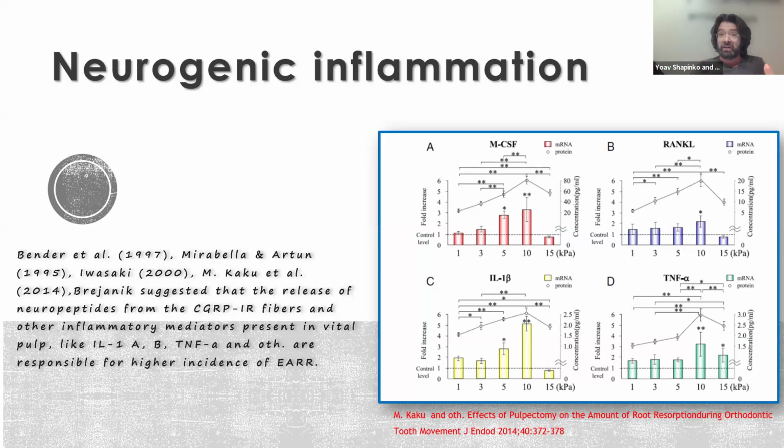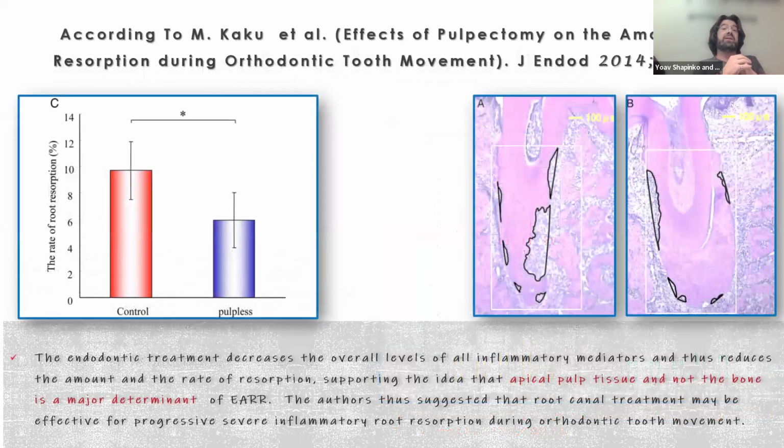And we understand that if we have a tooth with vital pulp, because of this vital pulp we have higher inflammation. One of the ideas of the author of this specific article was to show us that if we have a tooth without vital pulp, we have no nerve tissue, we have no neurogenic inflammation. And in this specific case, ideally, we will have much less root resorption.